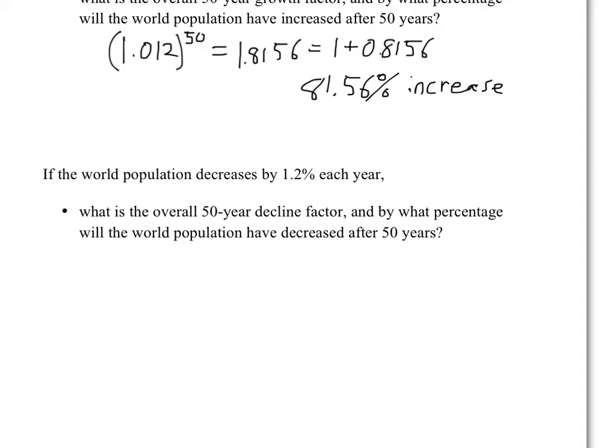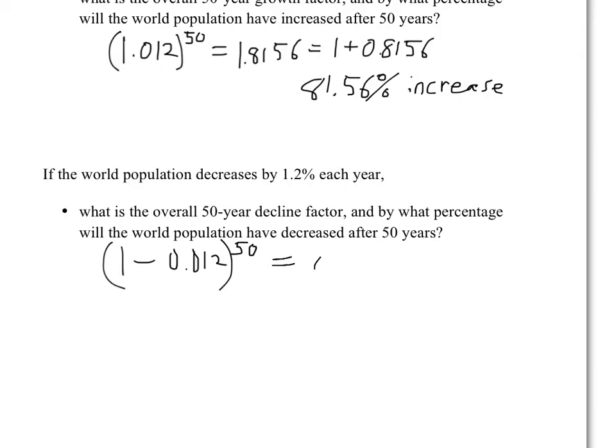But that would be mistaken. Let's work through it. So first let's find the decline factor. That's 1 minus 0.012. So every year you're taking 1 minus 0.012, and you're raising that to the 50th power, because every year you multiply by this 1-year factor, and there are 50 separate such multiplications.